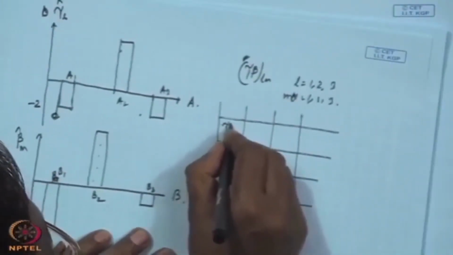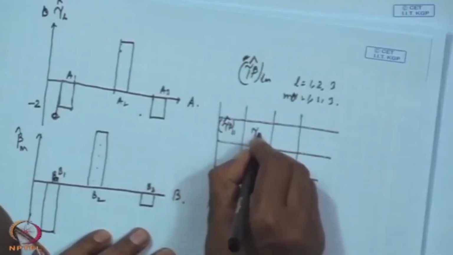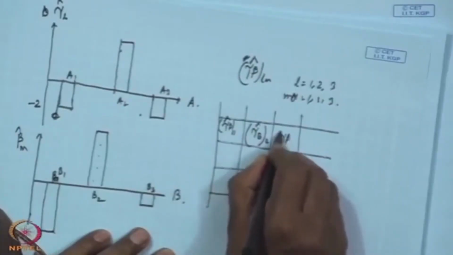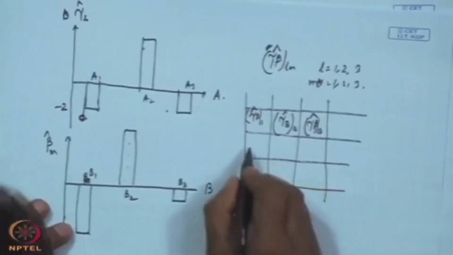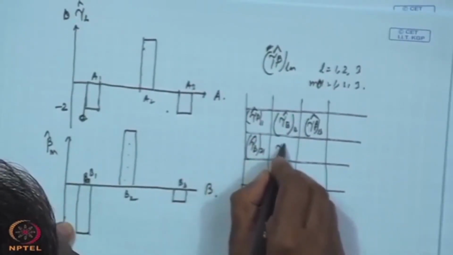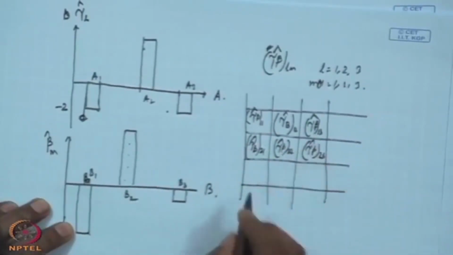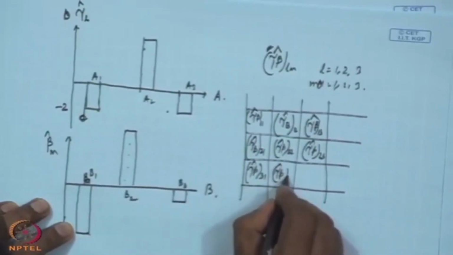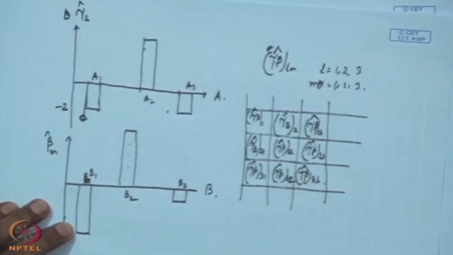Tau beta cap 1,1, tau beta cap 1,2, tau beta cap 1,3. Similarly, tau beta cap 2,1, tau beta cap 2,2, tau beta cap 2,3, then tau beta cap 3,1, tau beta cap 3,2, tau beta cap 3,3. You require to find out all those values.